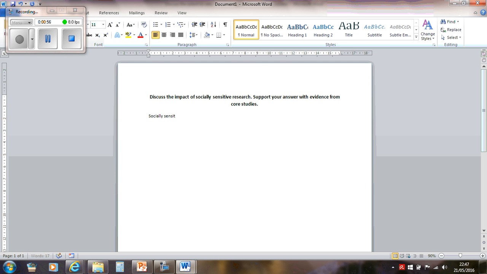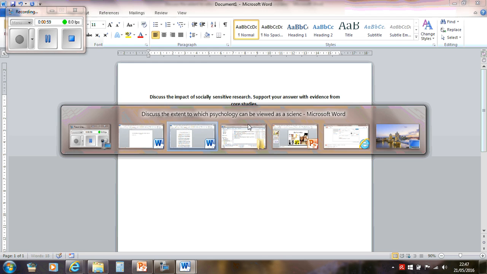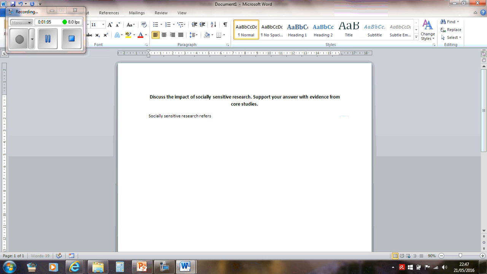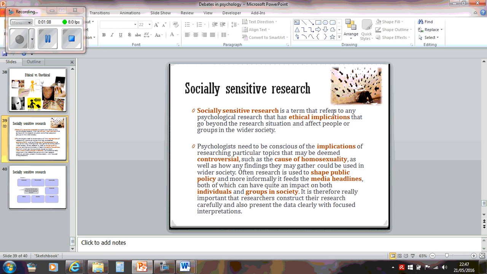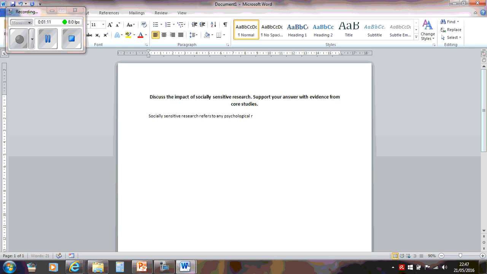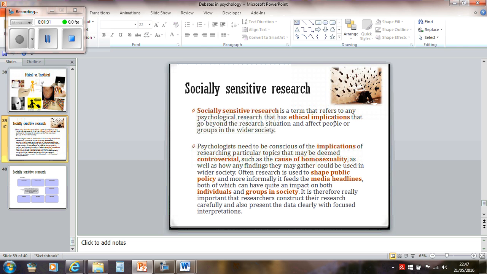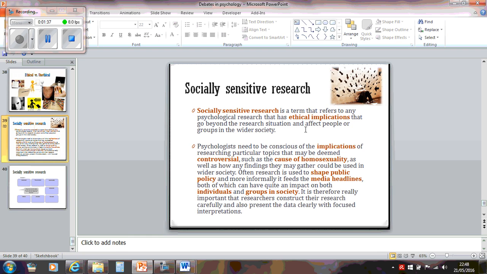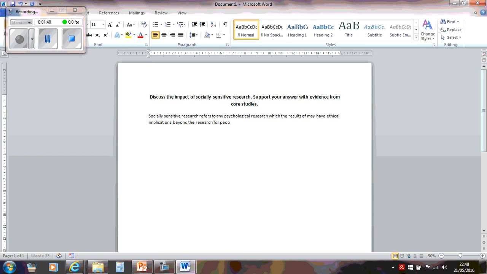Socially sensitive research refers to any psychological research which the results of may have ethical implications beyond the research for people in wider society.